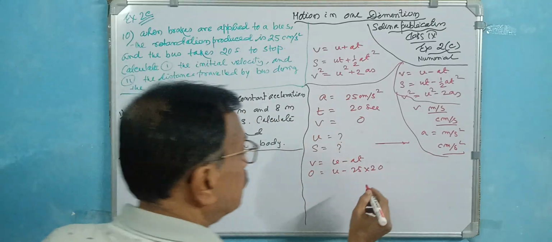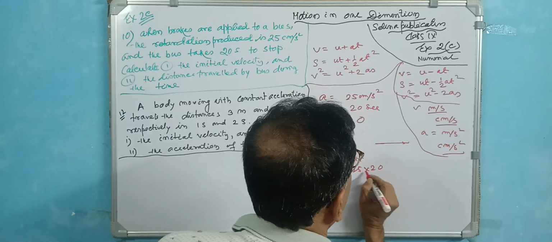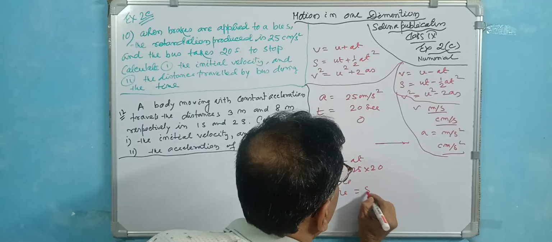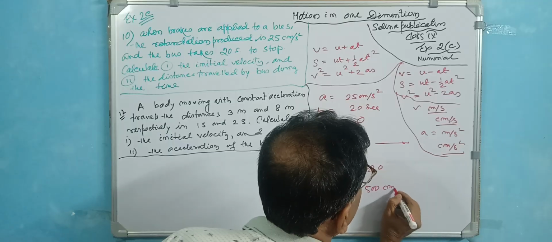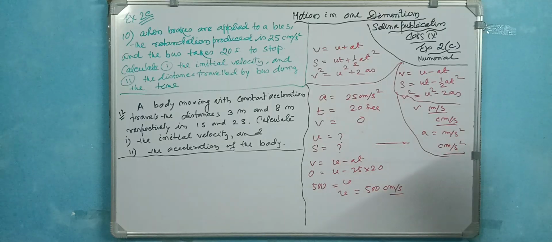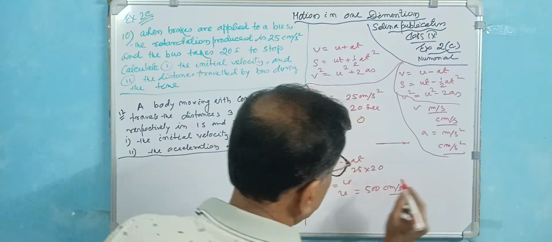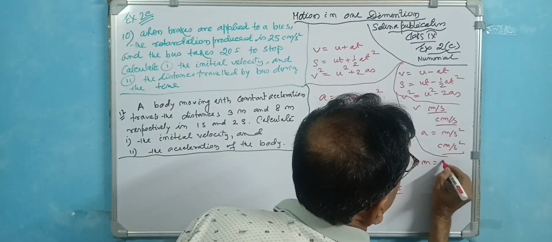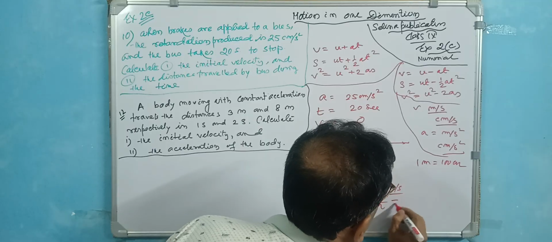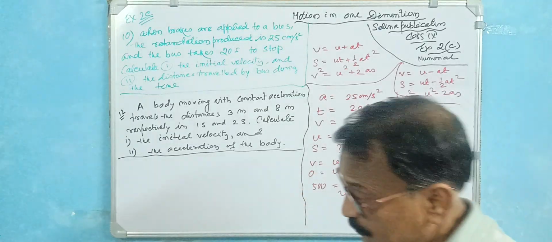That means 25 into 20, this is 500. 500 is equal to U. That means U is 500 centimeter per second. The unit is centimeter per second, because the acceleration unit is centimeter per second square. It will convert to meter. 1 meter is 100 centimeter, so just divide 500 by 100. So this is 5 meter per second. That is the initial velocity.